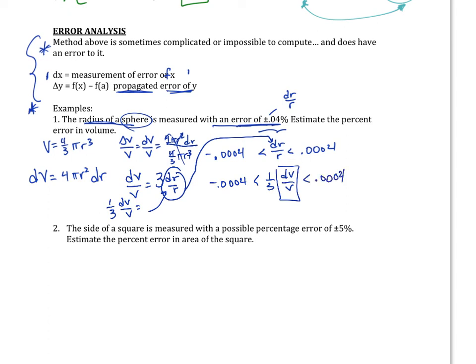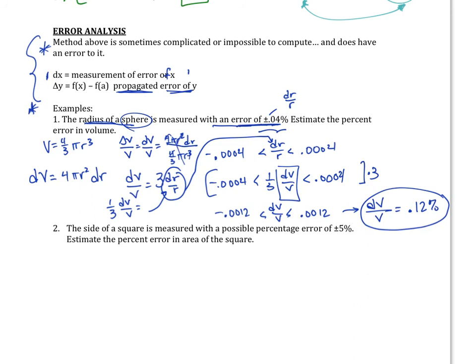Now I just have to finish this problem out by multiplying everything by 3 to get the dV over V by itself, and that'll give me negative 0.0012 and positive 0.0012. So that means the error in the volume will be 0.12%.